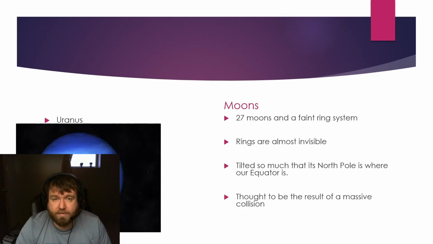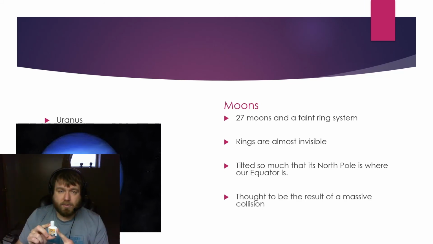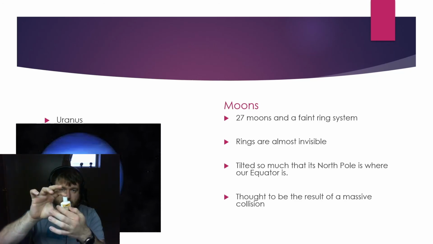Uranus has 27 moons and a faint ring system. So there are rings around Uranus, but they're very faint. They're hard to see. The rings are almost invisible. And it is tilted so much that its north pole is where our equator is. So, you know how I'm going to use this bottle of whiteout. You know how our Earth, whenever it rotates, it goes like this, right?